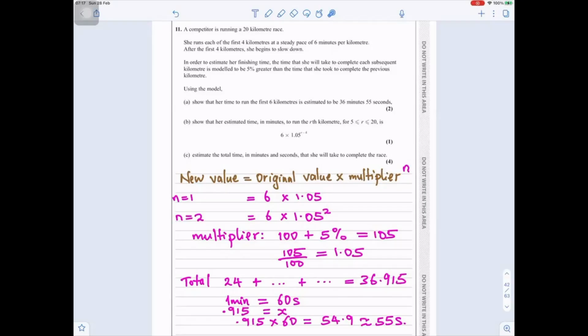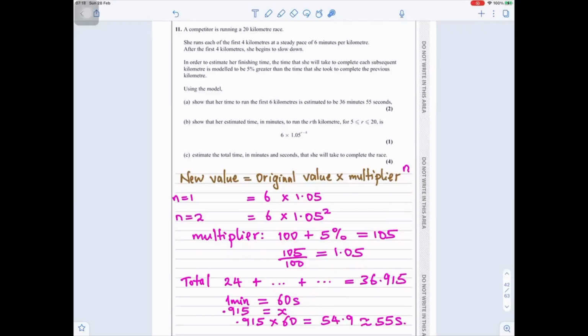And how did we get the multiplier? You add 100 to the 5% and you divide by 100. So 5 plus 100 gives you 105, and 105 divided by 100 gives you 1.05. So you can get your total, and 1 minute is 60 seconds.